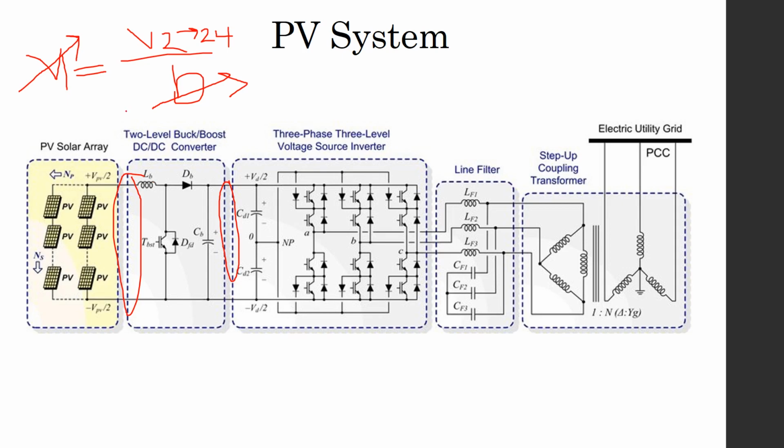So what is the benefit of this? We can change the duty cycle until we reach V1, which provides the maximum output power. So you understand now the benefit of the converter here is that we take the voltage of the batteries, which is 24 or 48 or 96, and by using the duty cycle inside the converter itself, we can change the V1, or the output of the PV array.